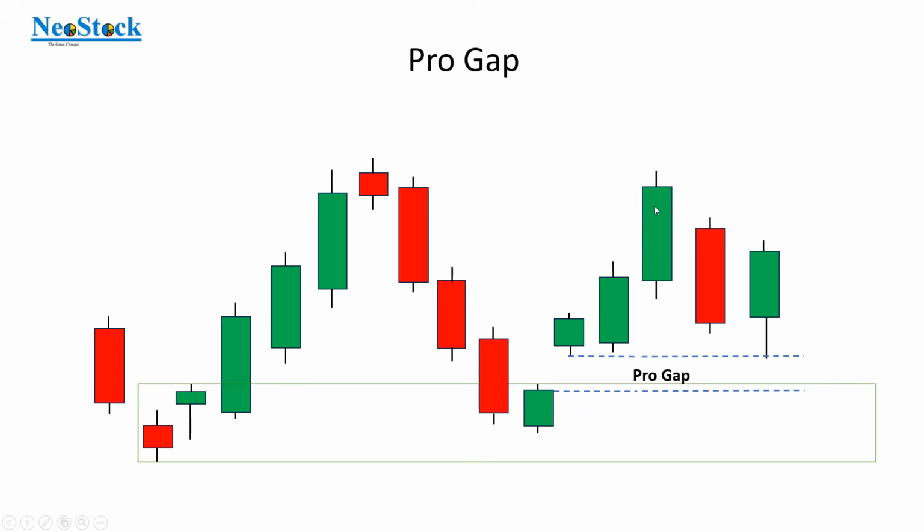Short trades. In the last lesson we discussed what a short trade is. First we sell, and then after prices reach the demand zone, we buy. That way we get the profit. So the demand zone high is the target. But when professional gaps are not allowing the prices to reach into the gap.